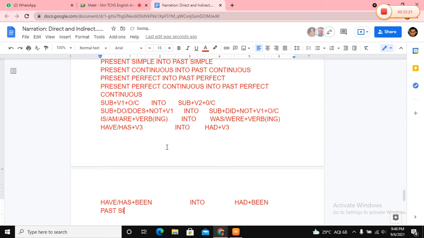Past simple into past perfect, meaning subject plus v2 plus object into subject plus had plus v3 plus object.